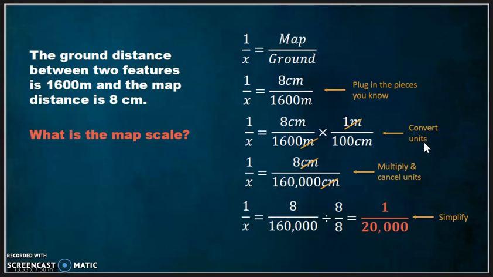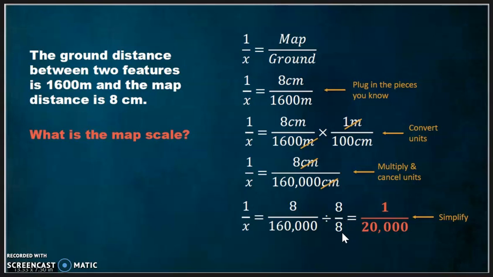So we want to make sure that we're converting those units. So we're converting meters to centimeters here. And so once we've done that, we have 8 centimeters to 160,000 centimeters. And then we're solving for x. And so again, we want to simplify by making sure that our numerators are converted or simplified to 1.